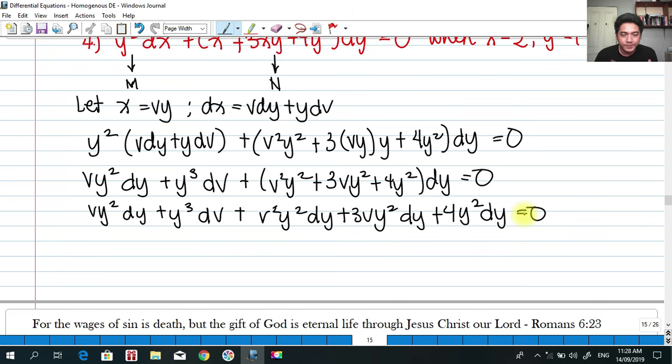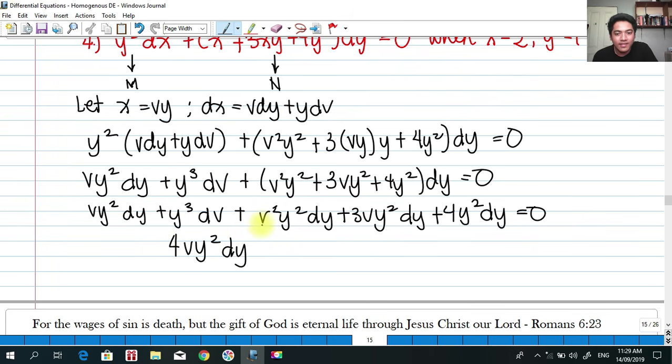So can we simplify? Yes. v squared y squared dy, I don't think so. Can we simplify any other third term here? I think we cannot. This one, 3vy squared dy and 1vy squared dy, so we can simplify: 3 plus 1, so that should be 4vy squared dy.